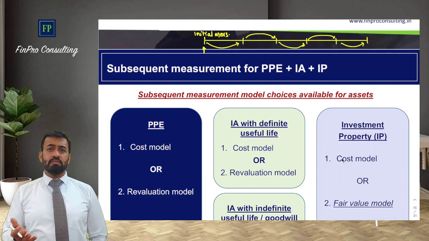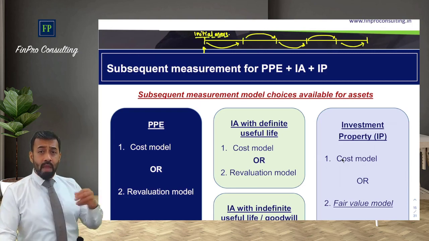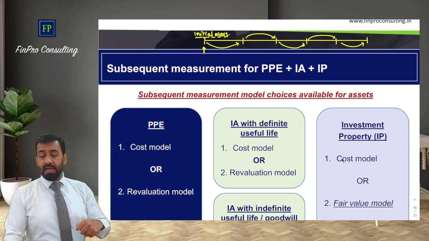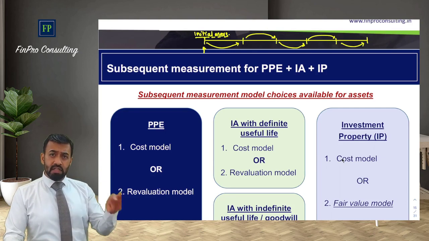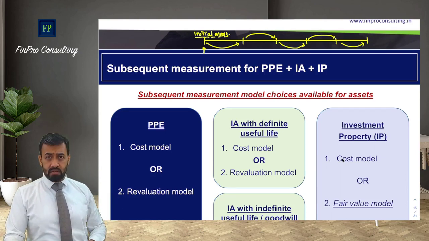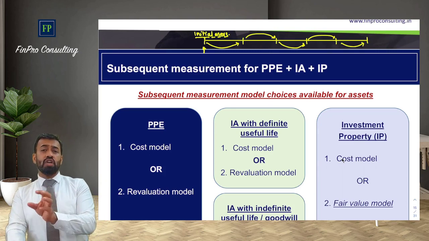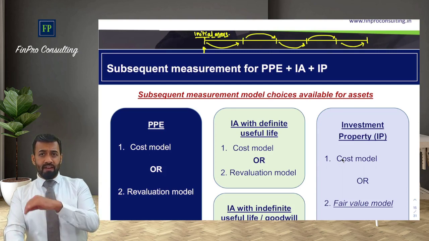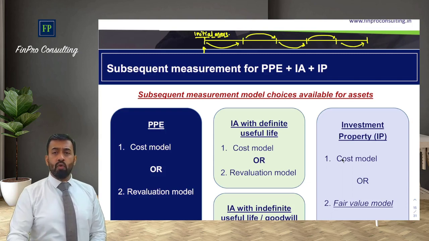This is called subsequent measurement. Initial measurement, whatever expenditure you have made to acquire that asset, construct that asset, exchange that asset, or through a business combination, you have capitalized it. Now you have to expense out the related charge for usage benefit to satisfy the matching principle. So it has to be over the period.